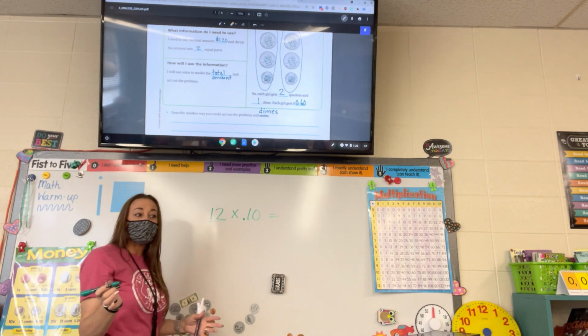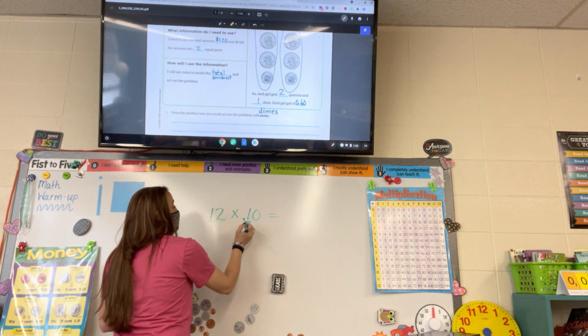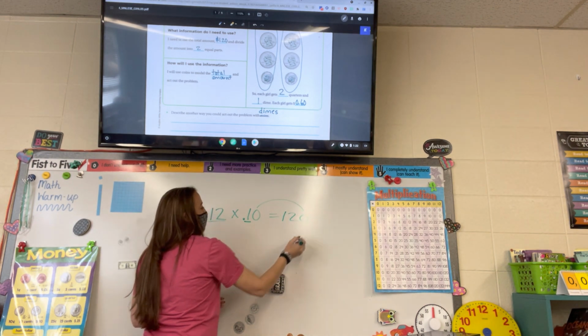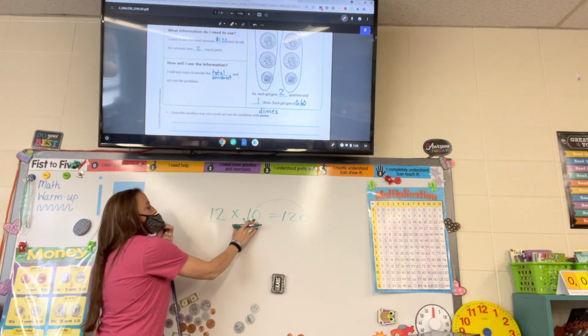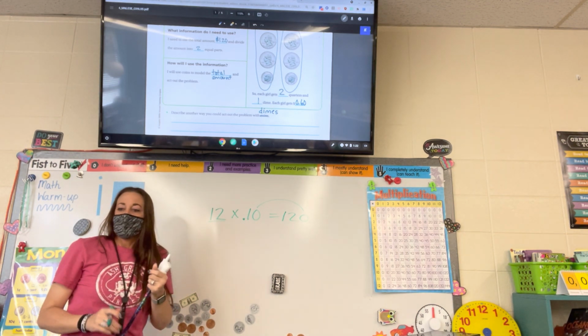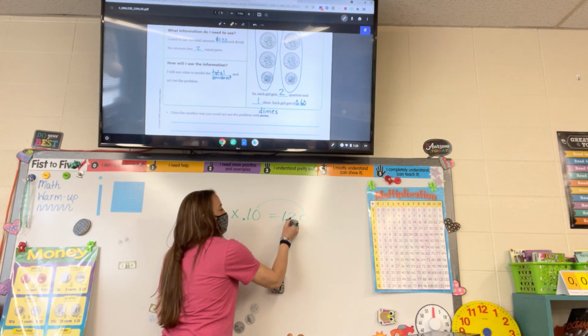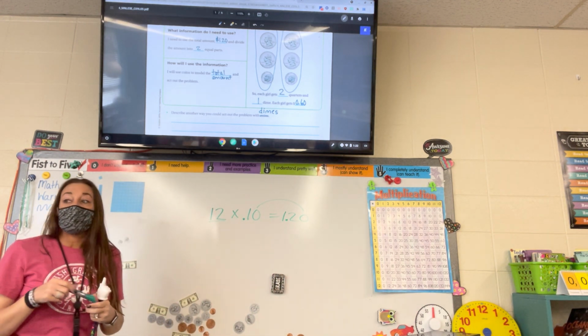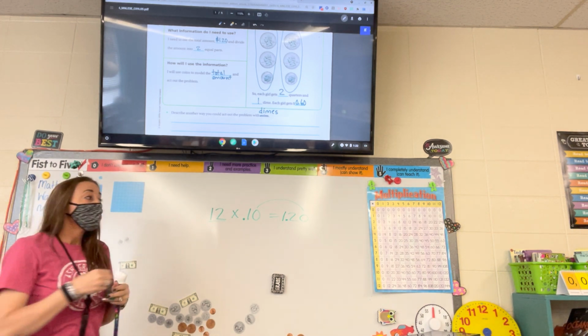First, pretend the decimal's not even there. So our basic fact, 12 times 1 is 12 with a 0 behind it, right? How many numbers follow the decimal point when we multiply? 2. So that means in our answer, there will be 2 numbers that follow the decimal point. We'll be doing that a lot today.